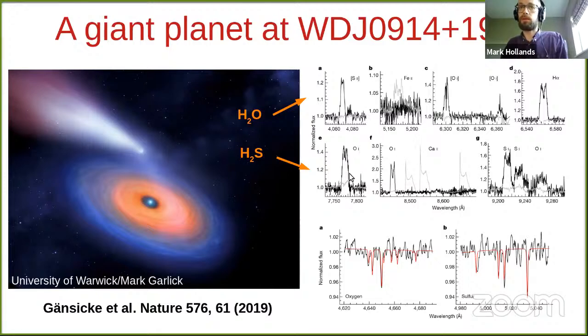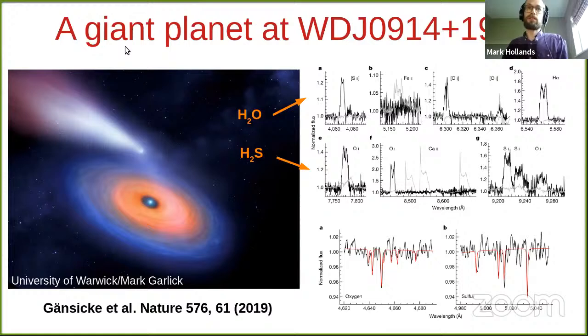The only thing we know of in the solar system, the ice giant planets like Uranus and Neptune, their inner envelopes are made of water and hydrogen sulfide. And so the picture appears to be that the outer layers are being stripped off of a closely orbiting planet that is forming a gas disk of oxygen, hydrogen, and sulfur, and that's flowing onto the white dwarf atmosphere.